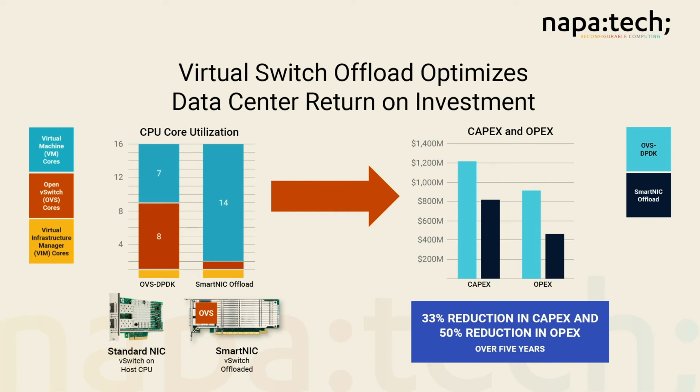So looking at the first scenario with a 2x improvement in VM density and putting all the relevant assumptions into the model, this results in estimated reductions of 33% in CAPEX and 50% in OPEX over a 5-year analysis period. And those are very significant reductions from the point of view of an edge data center operator.